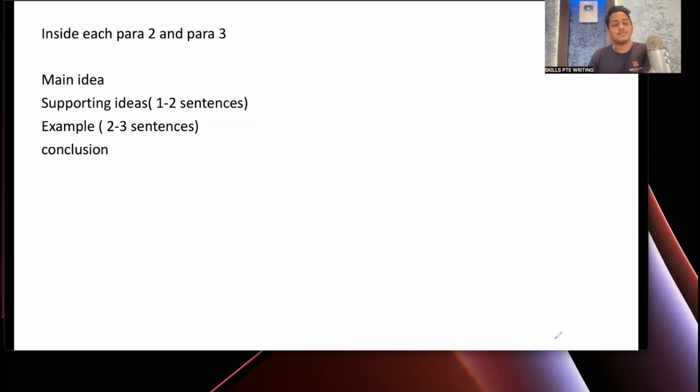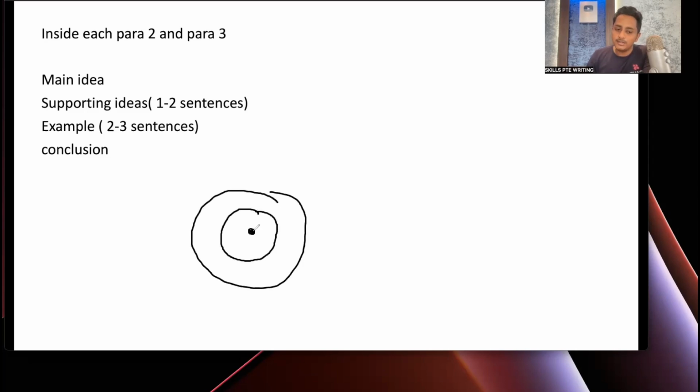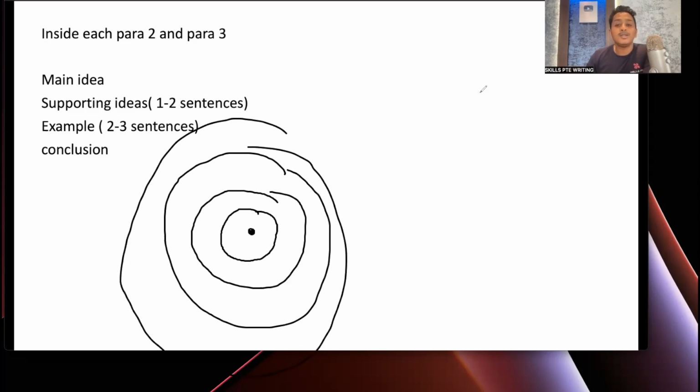So the idea is very simple. Whatever you write on the first line, that is the center. On this, you have to circle it. Supporting idea. On this only, you have to write the example. There is one more idea here. This example should not be falling on this; this example should be falling on this only.